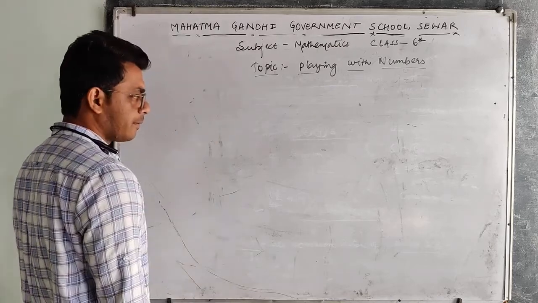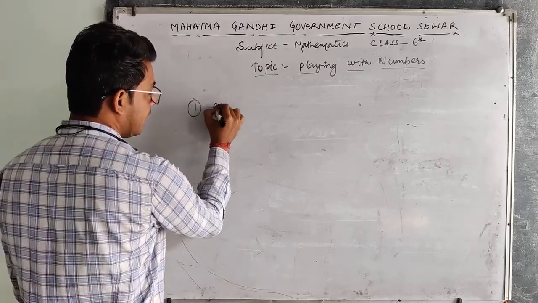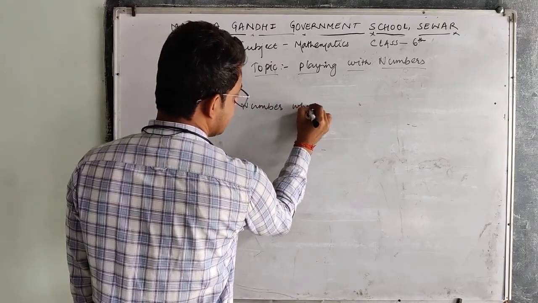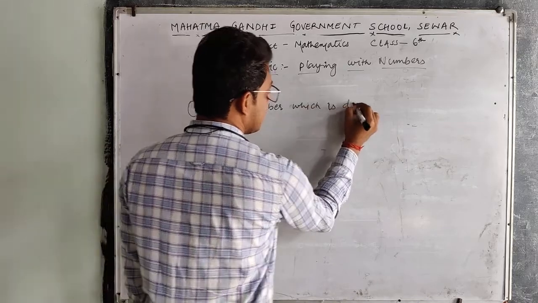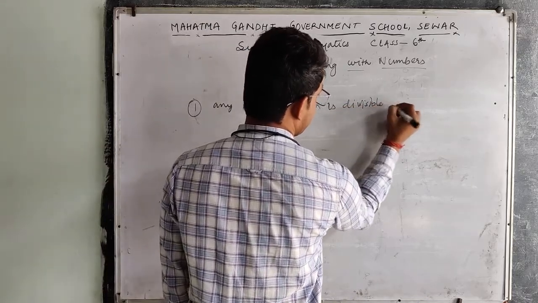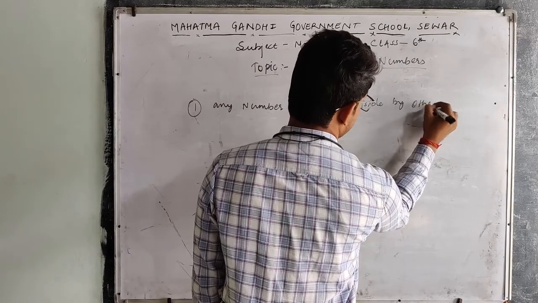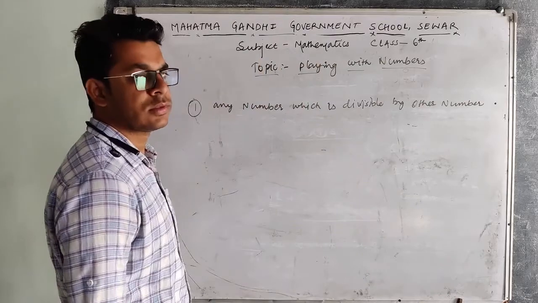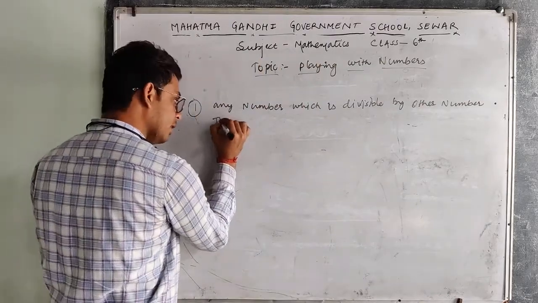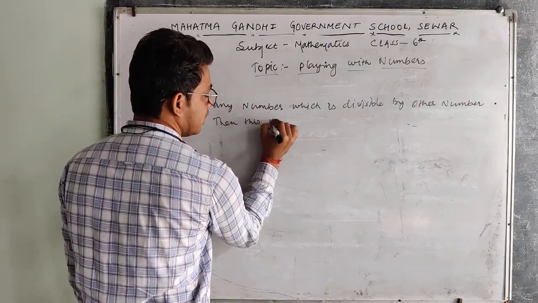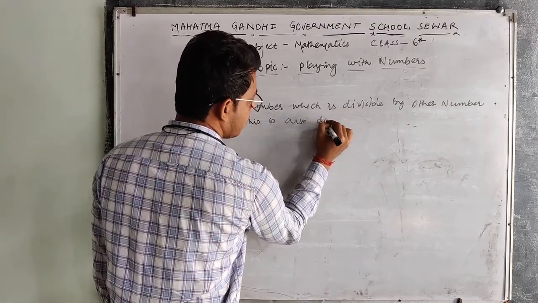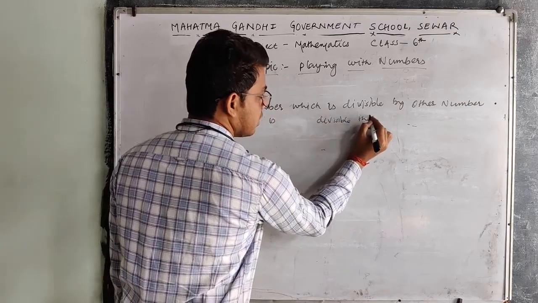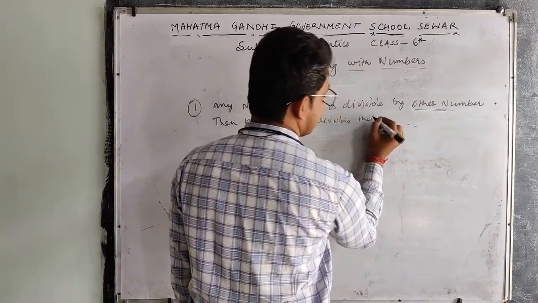If I write that any number which is divisible by another number, then this number is also divisible by the number's factors.